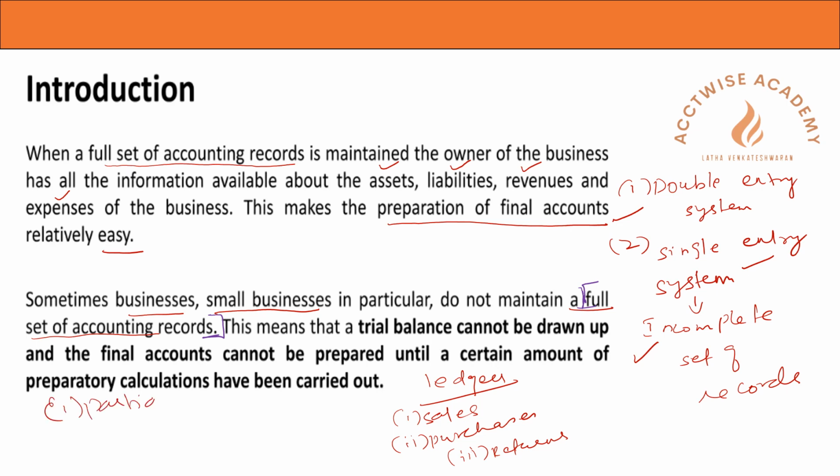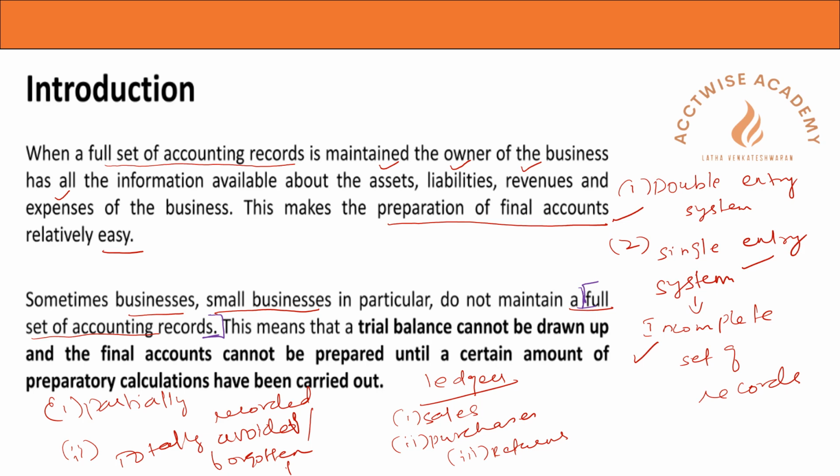What is the meaning of partially recorded? They might have recorded only the debit and forgotten to record the credit, or they may not know to give the credit for the debit and vice versa. Or they might have totally avoided or totally forgotten the transaction.